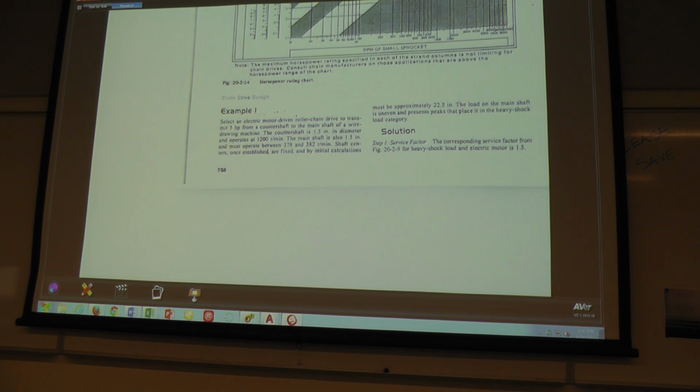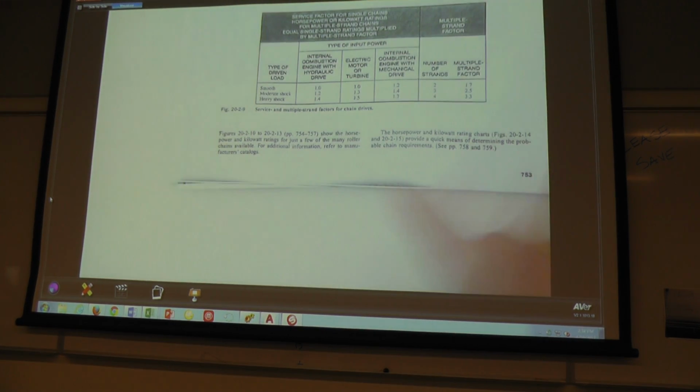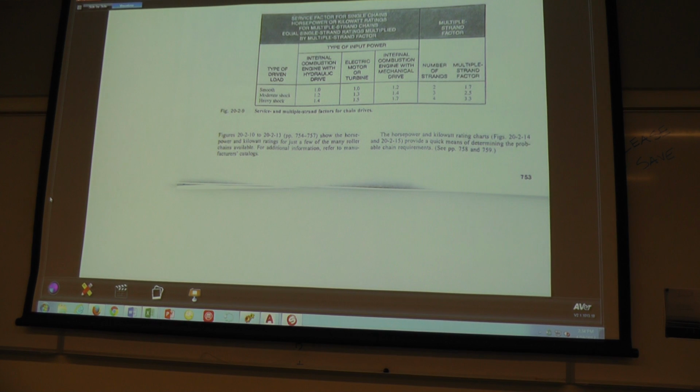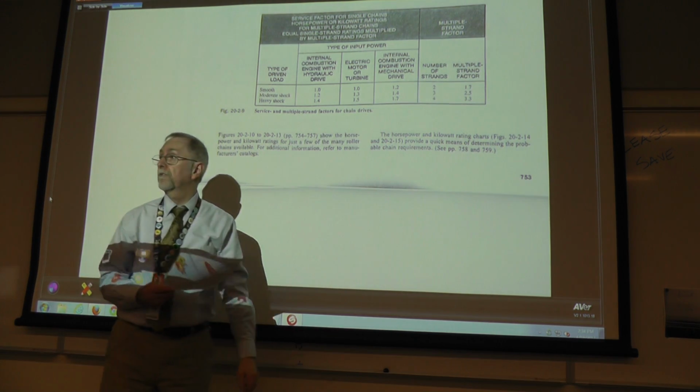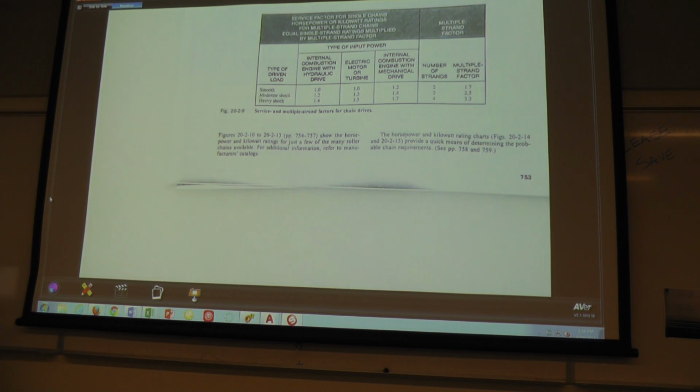So let's get out of there, come back to these pages. All right, so that came out of this chart down here. They said it was going to be intermittent load and a heavy shock. And it's electric motor and it's going to be the 1.5 service factor. Everybody seeing that okay?